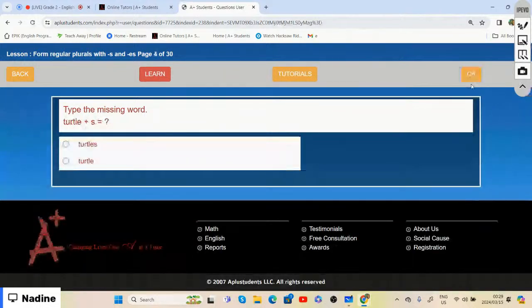And then we have turtle, which is one turtle. But as soon as we add an s to the word turtle, it will refer to more than one.